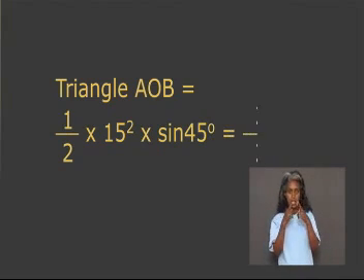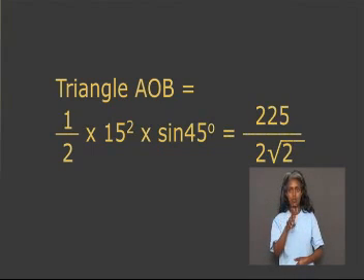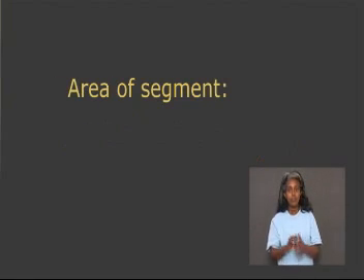That yields an answer of 225 over 2 times the square root of 2. Area of the segment is the difference of area of the sector and area of the triangle.